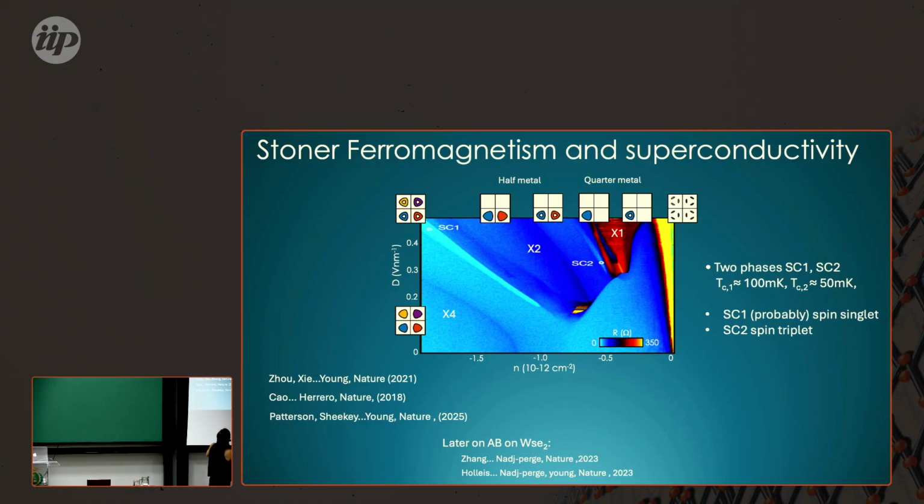You see that these pockets are adjacent to the symmetry broken phases, so SC1 is adjacent to the normal phase, probably a spin singlet, and SC2 is adjacent to the ferromagnetic phases and is believed to be a spin triplet. However, as we heard yesterday, the whole day, the underlying mechanism for superconductivity is not yet understood.